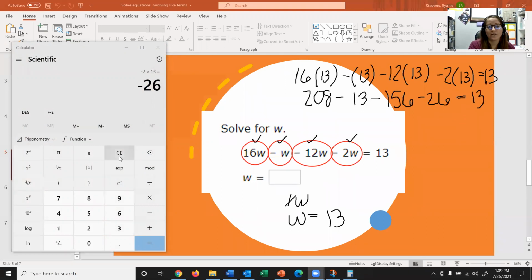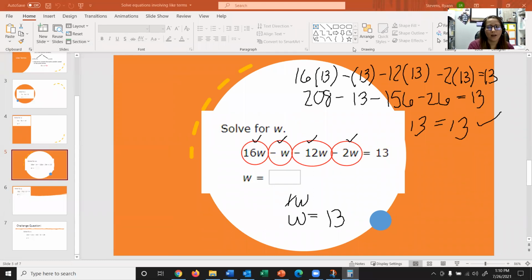So when we go through and solve this, we say 208 minus 13 minus 156, and then minus 26 will give us that answer of 13. So we can say that 13 does equal 13. And the point of checking is you want to get the same number on both sides of that equal sign. That's going to tell you that, yes, your answer is going to check.